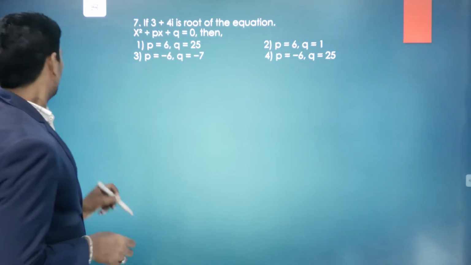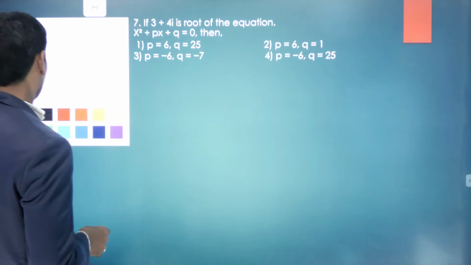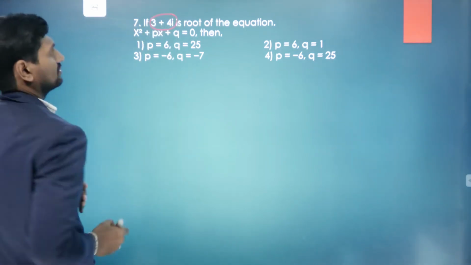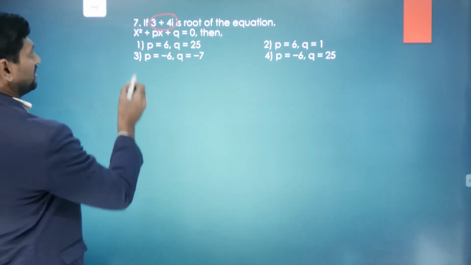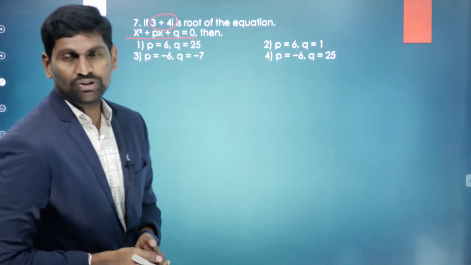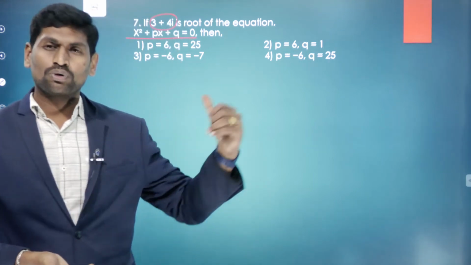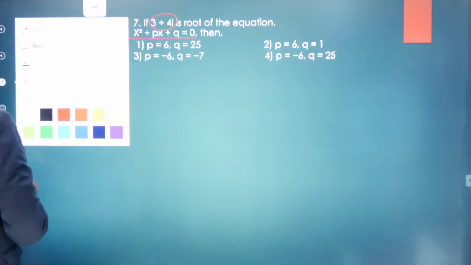If 3 plus 4i is one of the roots of this equation, x square plus px plus q is equal to 0, then we should find the values of p and q. Before going to this solution, let me ask a question.